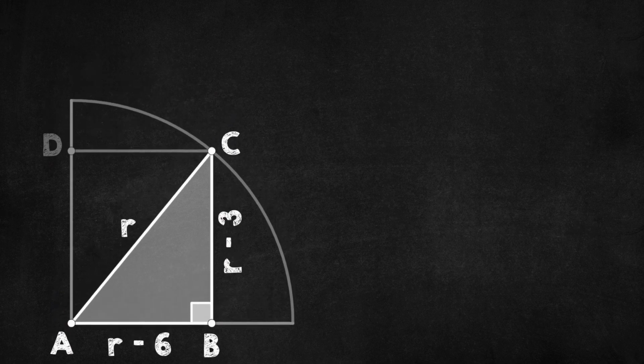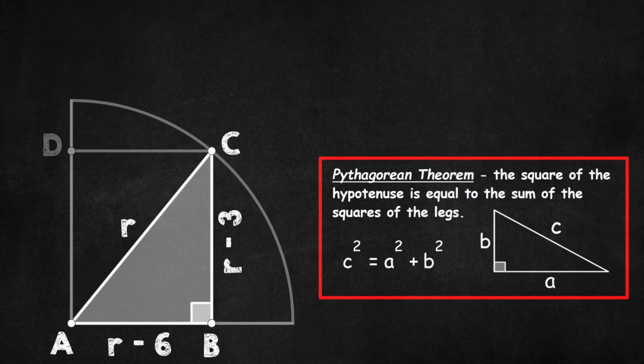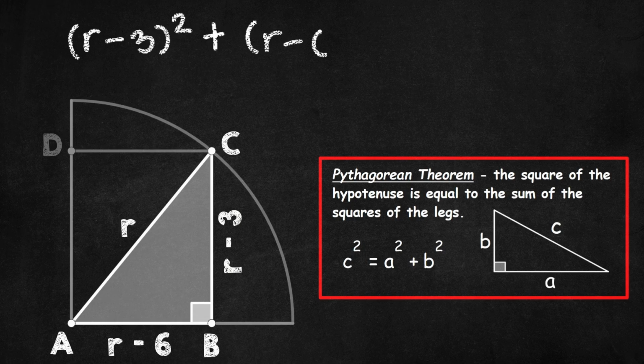We can now apply the Pythagorean theorem equation on right triangle ABC. According to the theorem, the sum of the squares of the legs is equal to the square of the hypotenuse. Therefore, (r minus 3) squared plus (r minus 6) squared is equal to r squared.